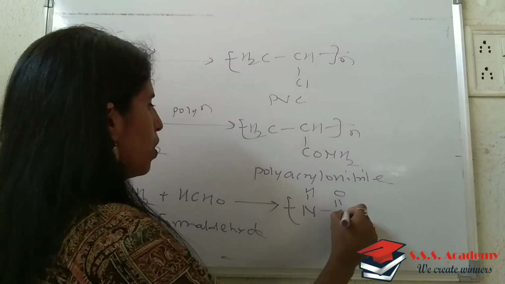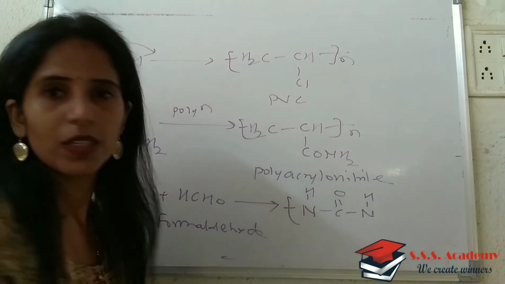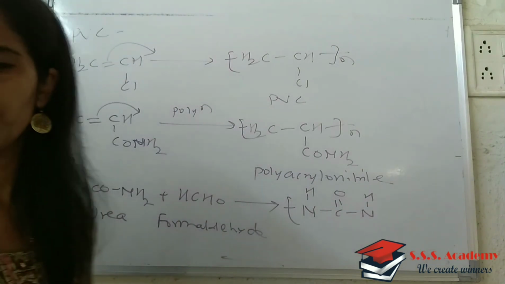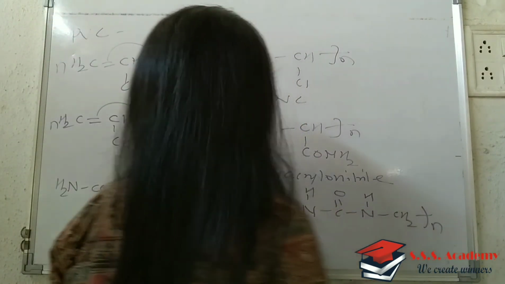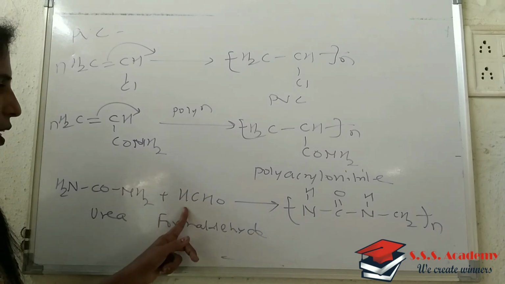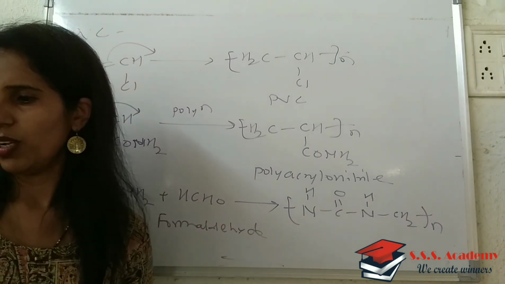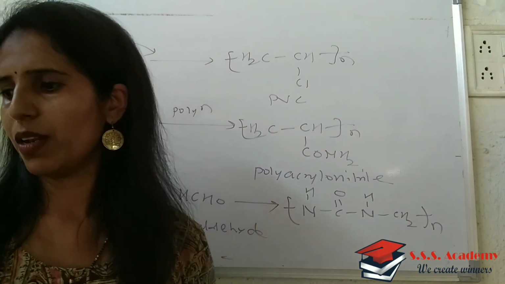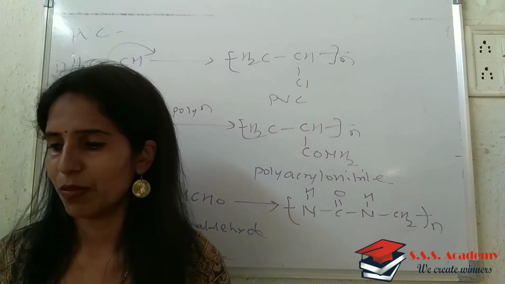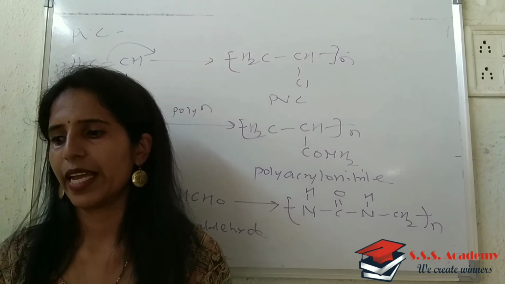Then C double bond O, then again NH. After that there is this CH2 and N. So this CH2, and this water will be removed. This is the structure for that polymer, and it is used in making unbreakable dinnerware and decorative laminates.